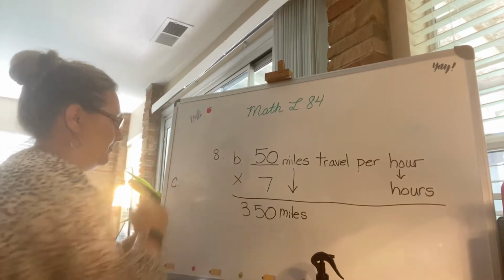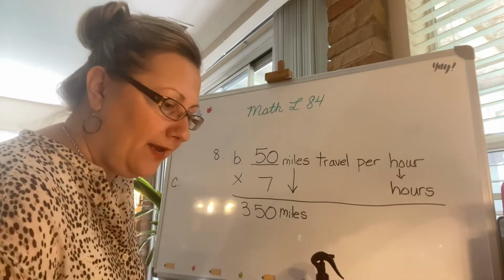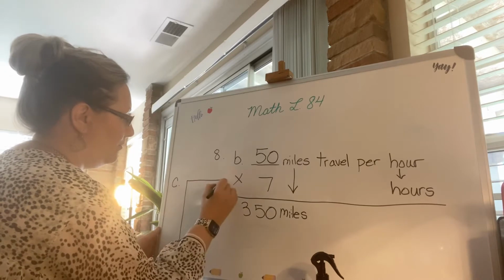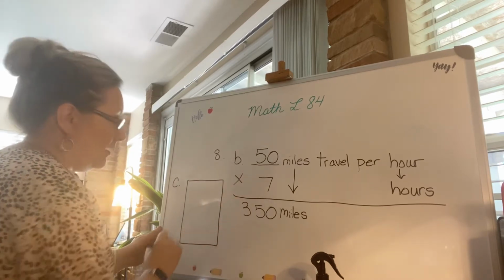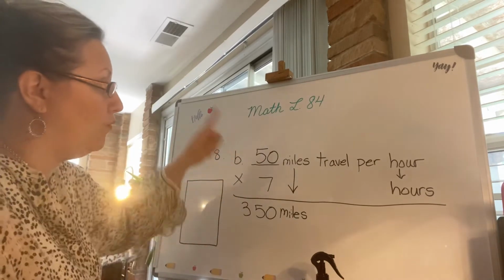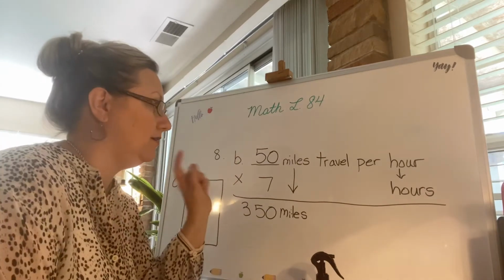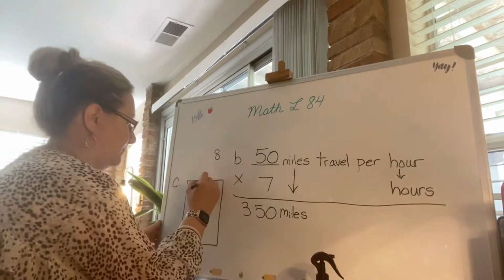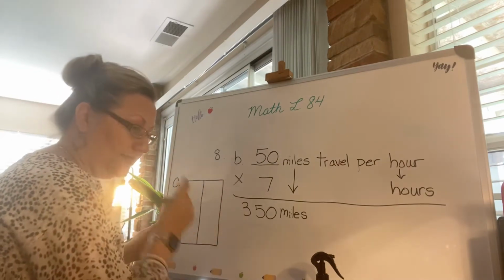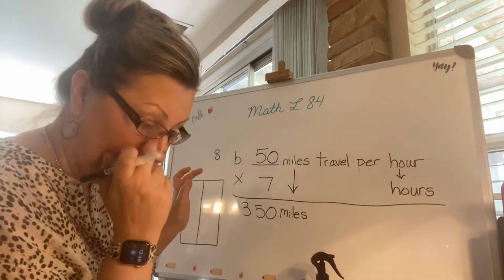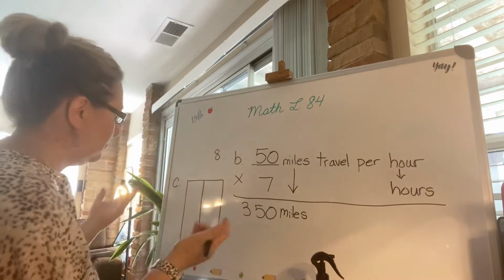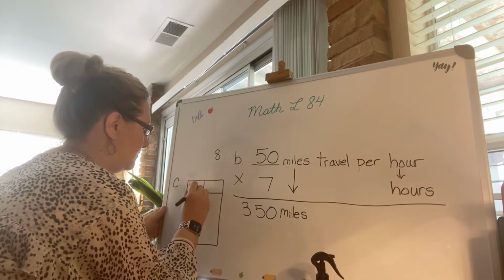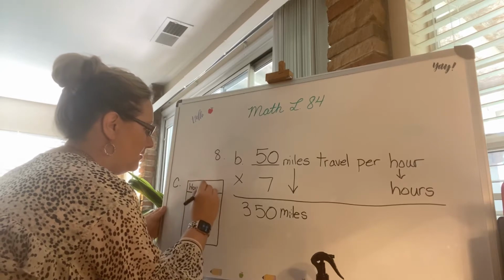Okay, part C. And we're going to think about, okay, so now that we know miles per hour, that 1 hour takes this person 50 miles. We're going to make a table, and maybe at the top, we're going to have hours and miles.